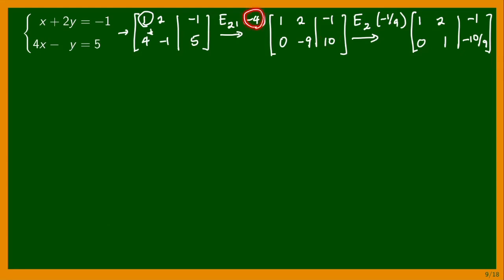Negative 4 times negative 1 is 4 plus 5. This should be a 9. Okay? So you don't have to do this thing. Yeah, this is still correct. But this one should not be negative 10 over 9. Rather, it should be a negative 1.